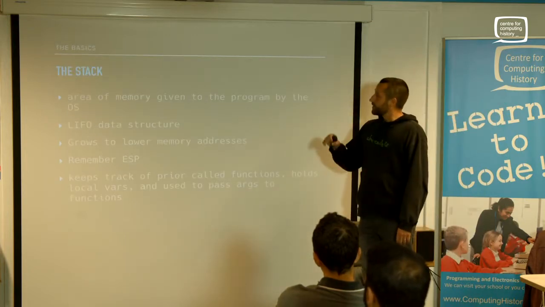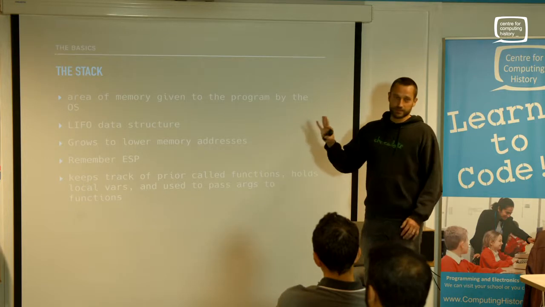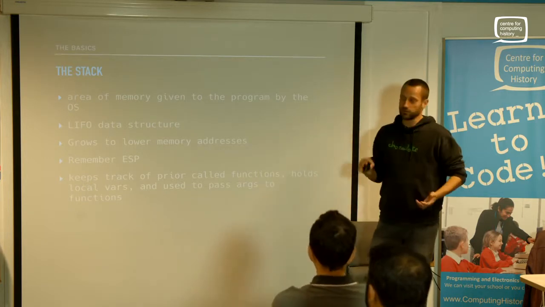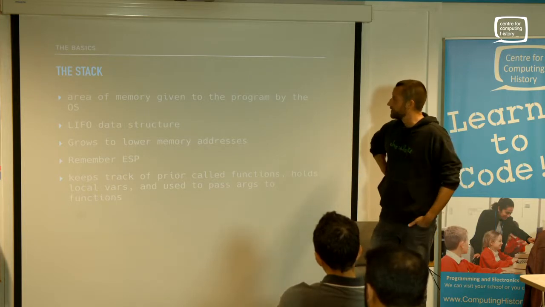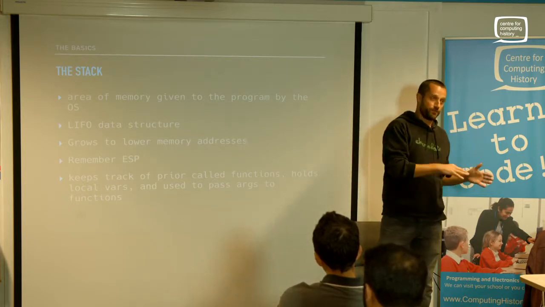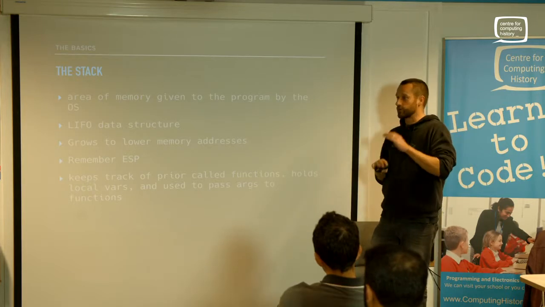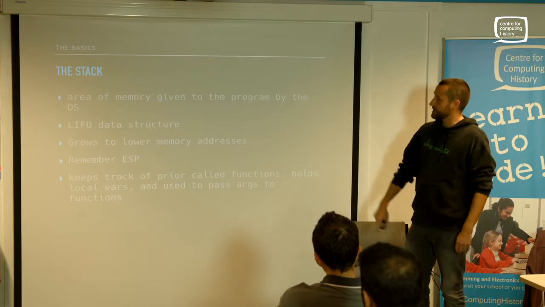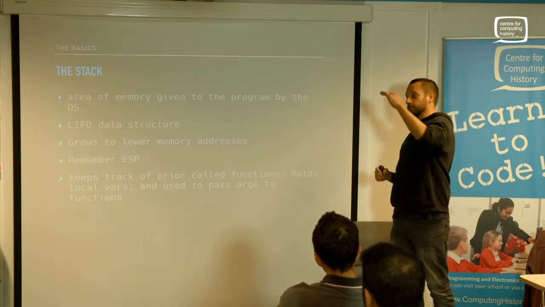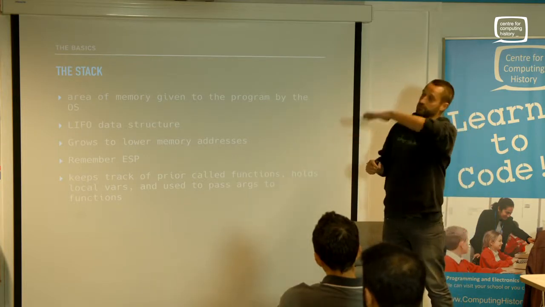Okay, so I'm going to go over the first thing. One of the most important things about the way programs run is the stack. The stack is an area of memory that the OS gives to your program, and it grows and shrinks as the program runs. It's a last in, first out data structure, so anything that goes in goes on top, and anything that goes out comes off the top.